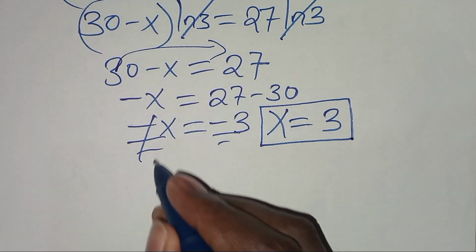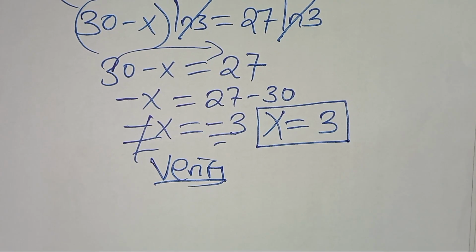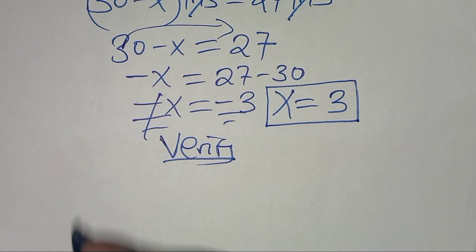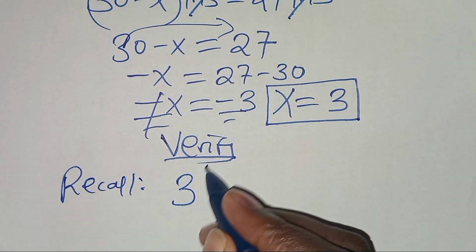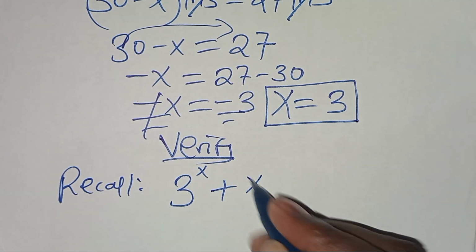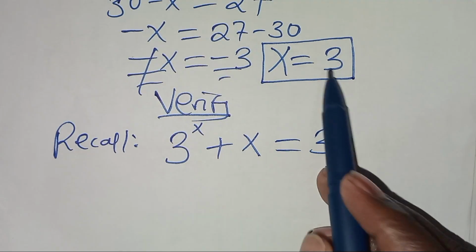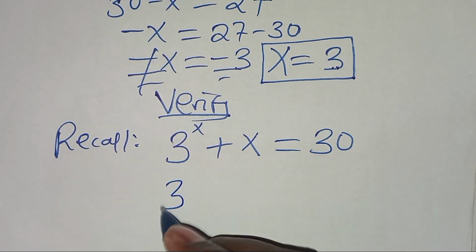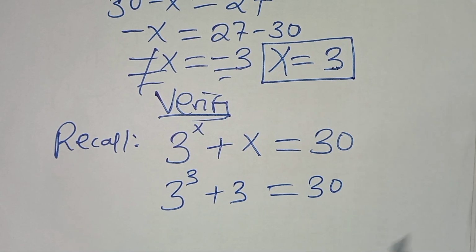So let's verify quickly if this value of x actually satisfies the equation. Now, if you recall, we had 3 to the power x plus x is equal to 30. Substituting the value of x, we'll have 3 to the power 3 plus 3 equals 30.